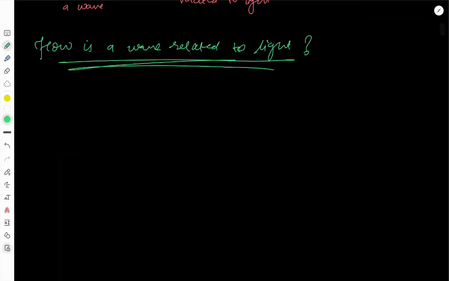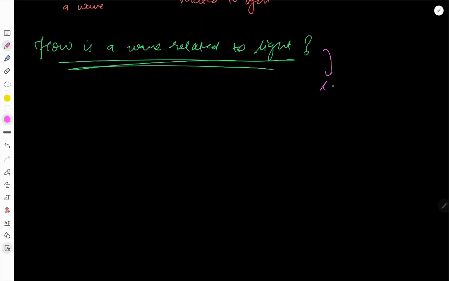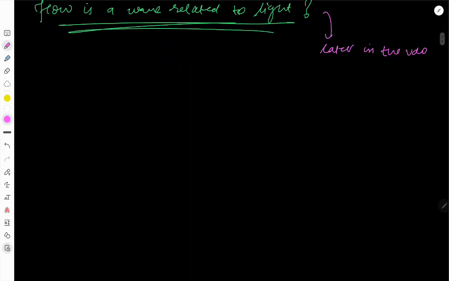How is wave related to light? I'll address this later in the video. But now let us understand what a wave looks like actually. So let us start by understanding the fundamentals of a wave.